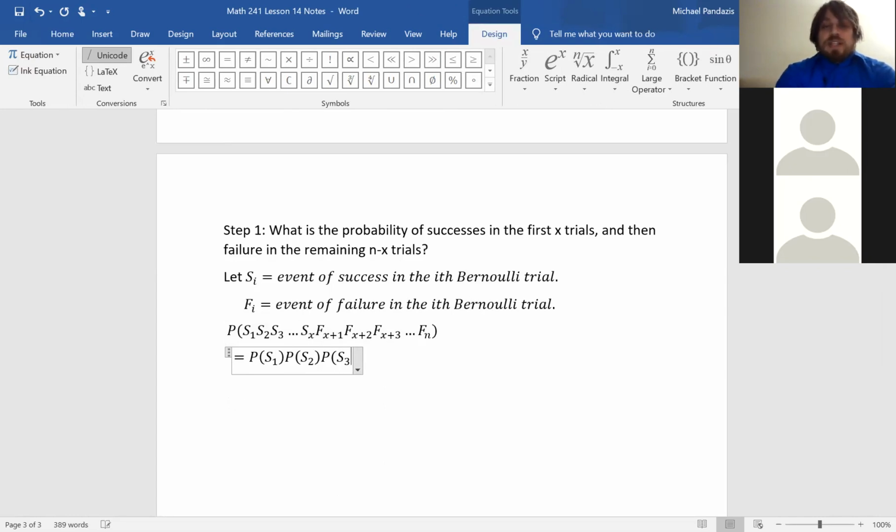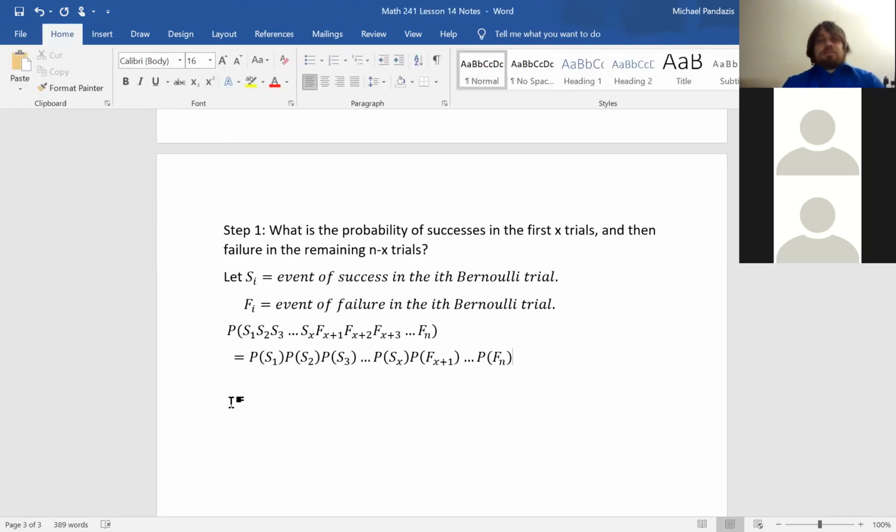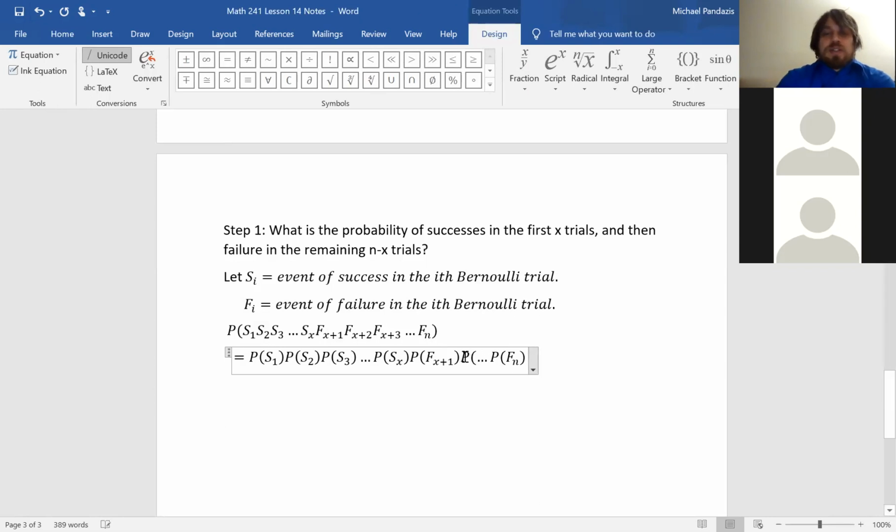This is not always true, but in this case it is, because each experiment is completely independent of the other, times P of S sub x times P of F sub x plus 1, ... times P of F sub n. Actually, I'm going to put one in between here. This is P of F sub x plus 2.